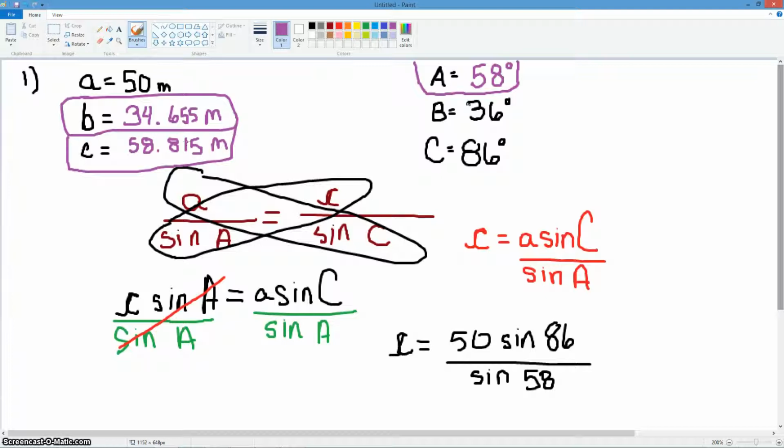Alright, so we have found the remaining pieces of info, which were big A, little b, and little c. For some of you visual people, you may need to draw the picture of a triangle. That's fine. That's just a lot more work.